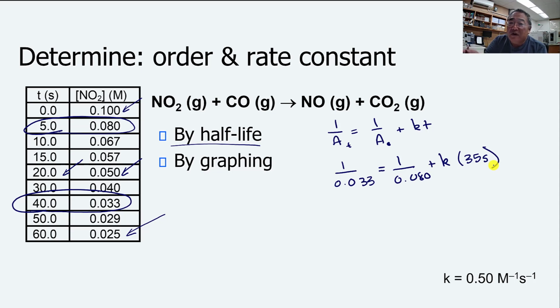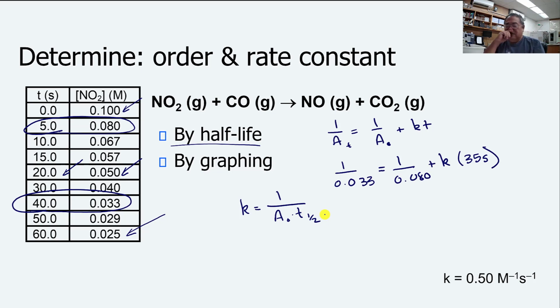Now, if you use the half-life equation, then you would do this. So remember, T1 half, wait, actually K, because I want K. K is equal to 1 over A0 times T1 half.